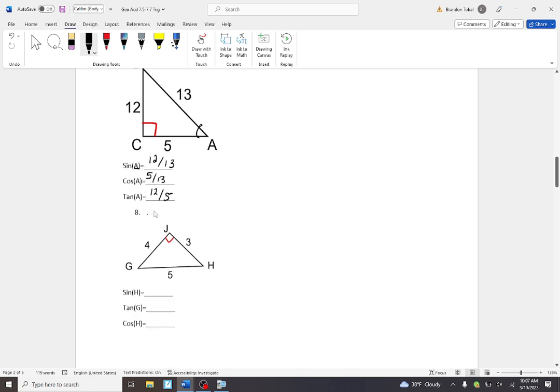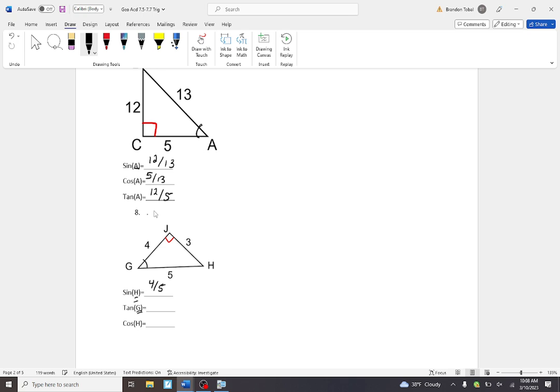Next one, sine H. You have to look carefully. I said sine H. From H, it's opposite over hypotenuse, which is 4 over 5. In this one, I say tan G. So opposite of G, guys, be quiet. Opposite of G, now we're talking about G here, is opposite over adjacent.